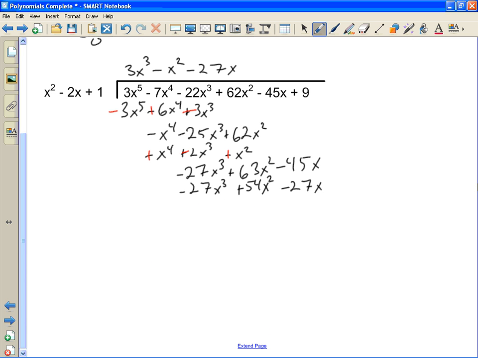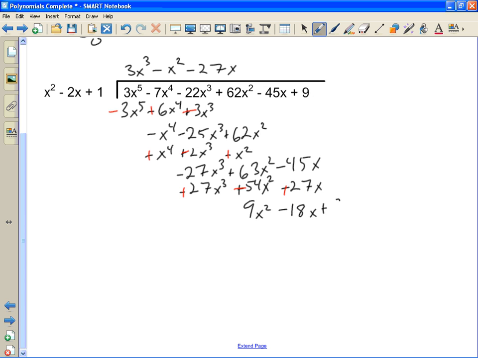Okay, change all my signs again. So that becomes plus, this is minus, that's plus. Those go away. This would end up being 9x squared. And this would turn out to be negative, let's see, 18.